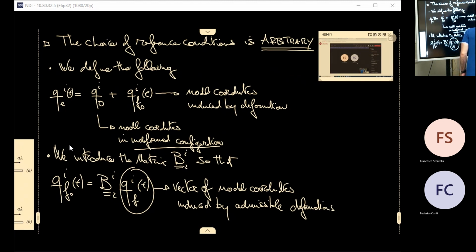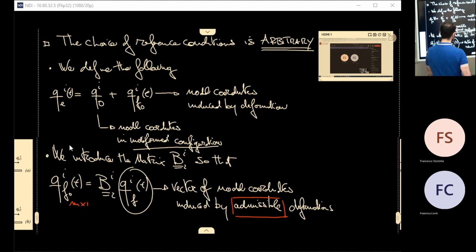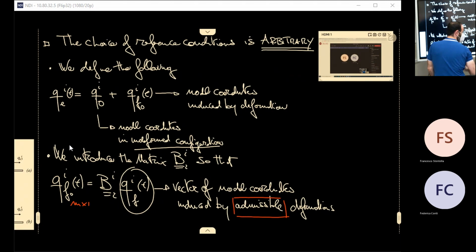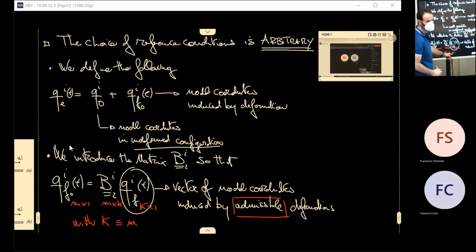Let's stress admissible. And if this was m times 1, this is typically, I don't know, we can call it k times 1, and this is an m times k matrix, with k typically smaller than m. So again, it's a down selection.